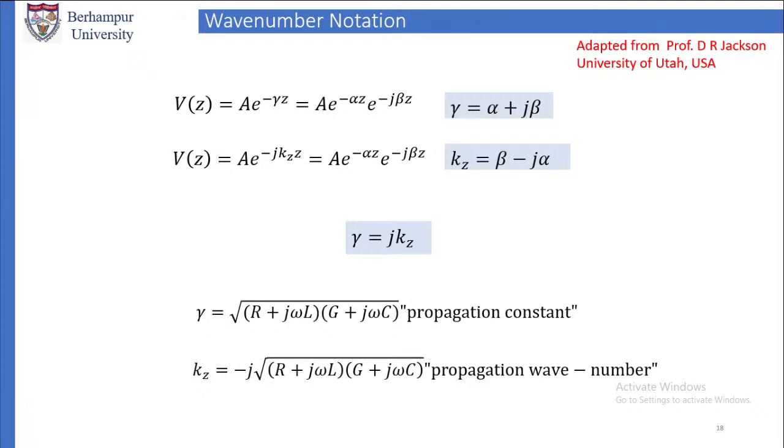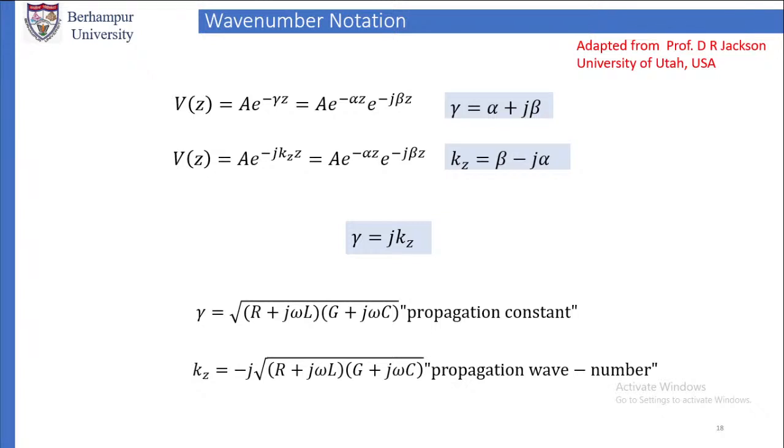From that you can say kz is equal to beta minus j alpha.